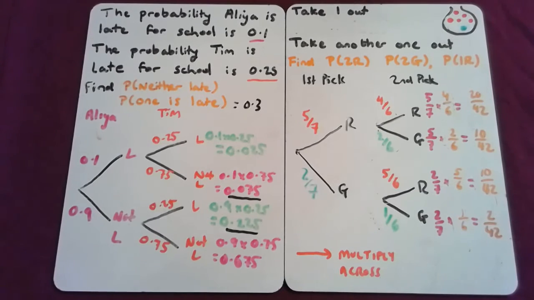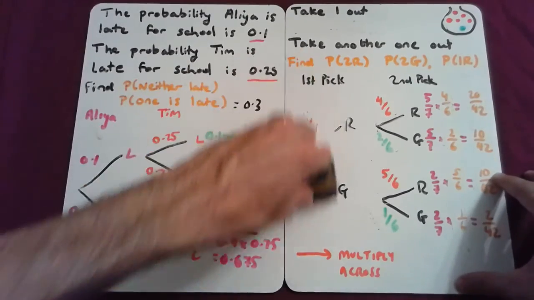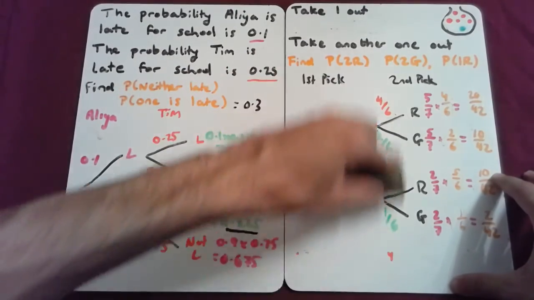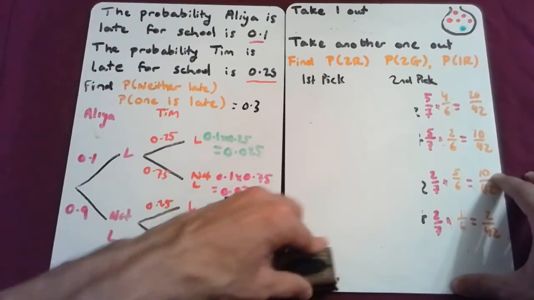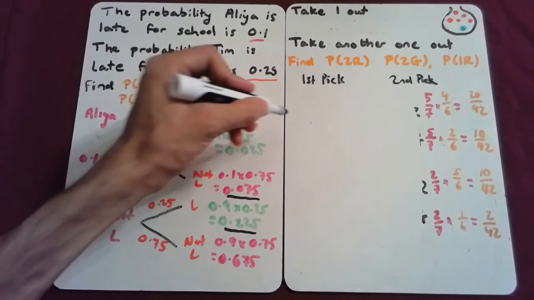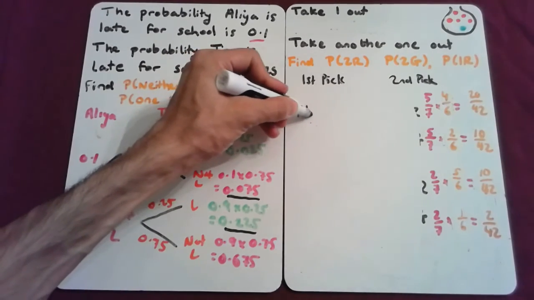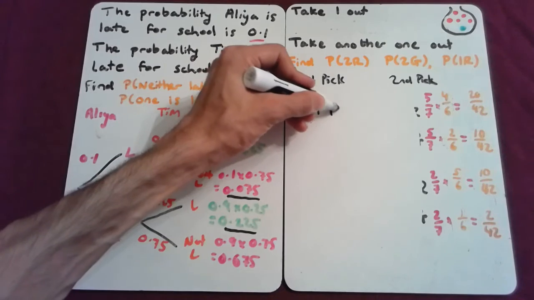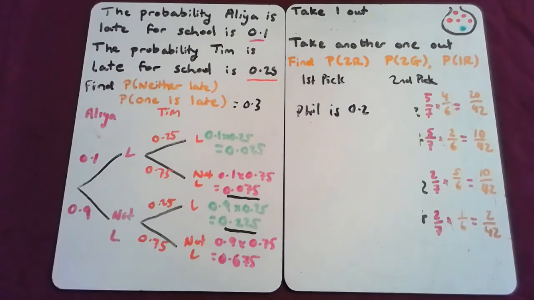Now, just to finish this off, the very last thing I want to say is if we imagine another person had joined this question and said that one more person was late for school. So let's say, for example, Phil was late for school and his probability is 0.2.